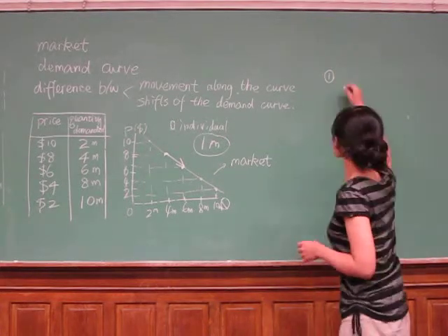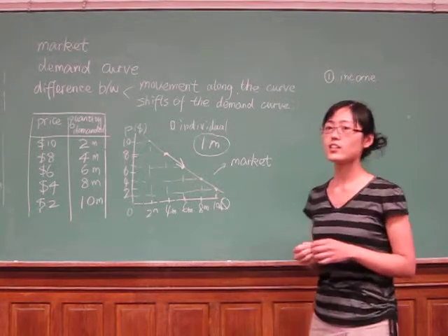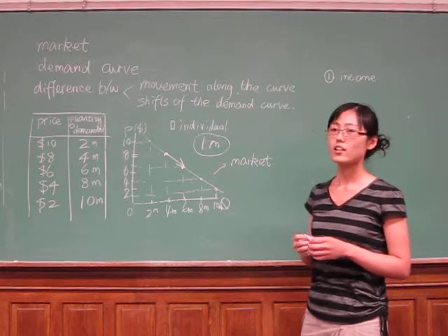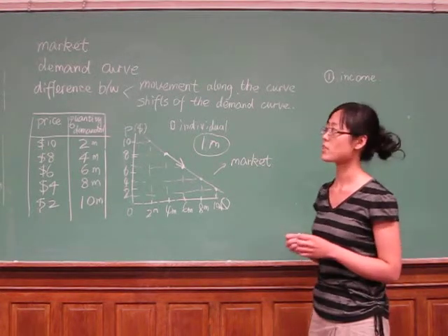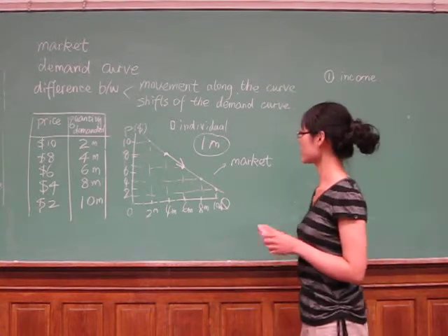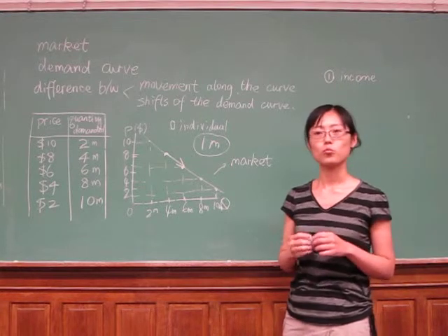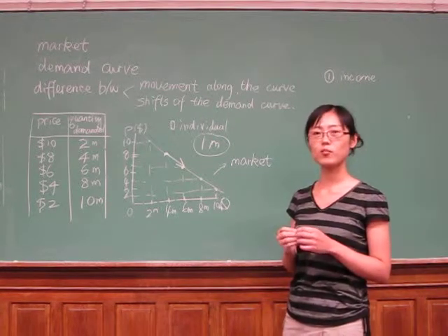First, income of the people. If the income of the people changes, what is the result? Would they buy more or buy less?